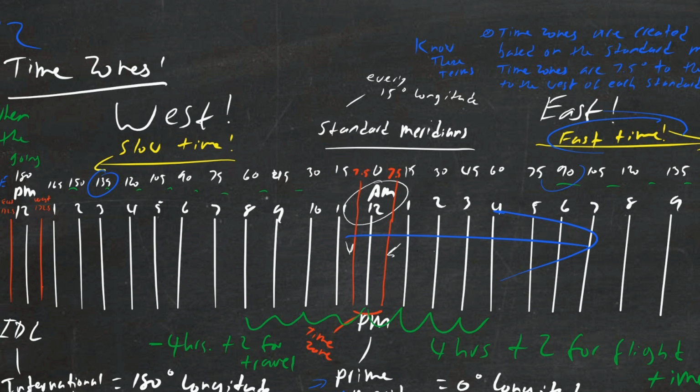So it would be 9, 10, 11, 12, 1, 2, 3, 4, 5, 6, 7. It's going to be 7 o'clock p.m. on April the 12th. All right, so I hope that clarifies what it would look like if you saw this on a map and had to actually apply this information. Let's answer some questions.